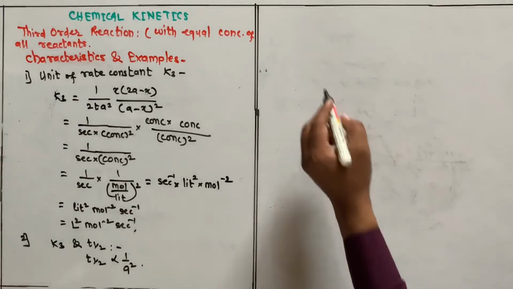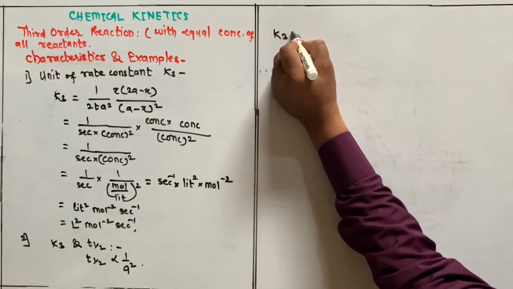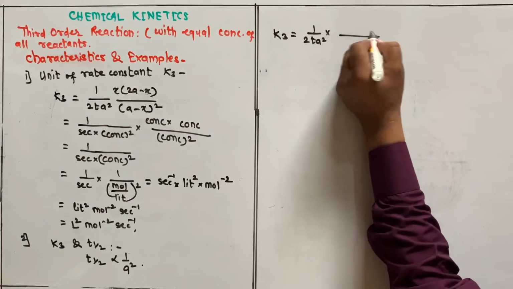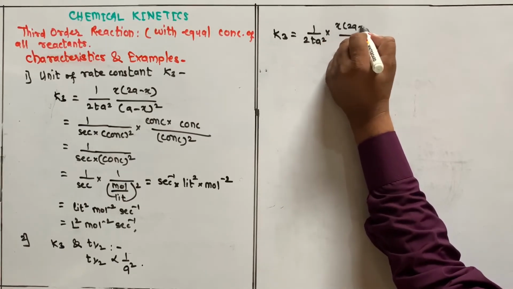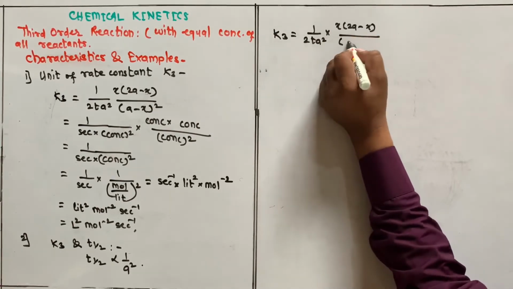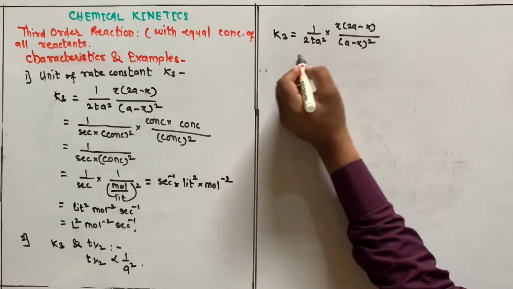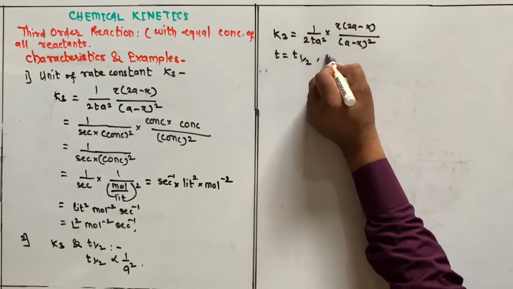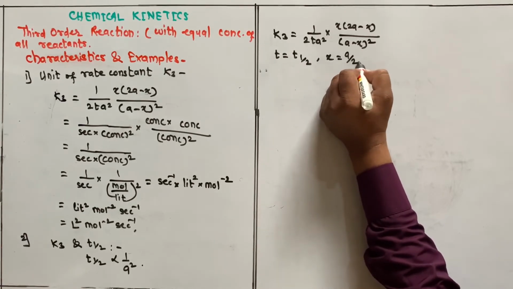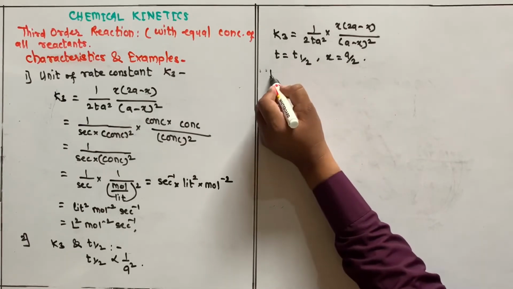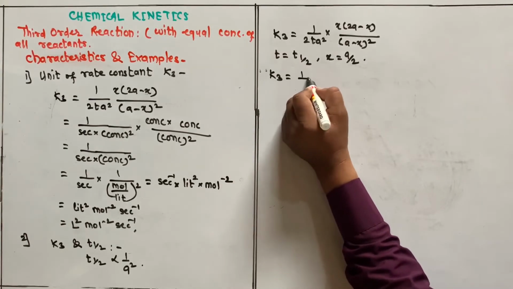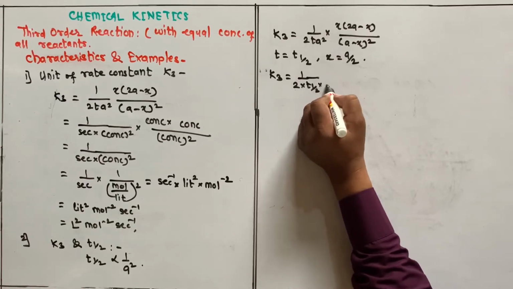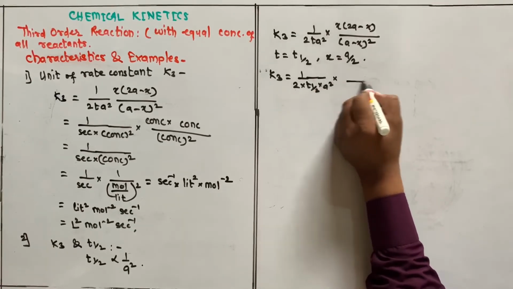You have K3 equal to 1 upon 2ta square into x into 2a minus x divided by a minus x square. Now when time t is t half, at that time x will be 50%, a by 2. Substitute these values into that equation, then K3 is equal to 1 upon 2 t half into a square, as it is, into x.